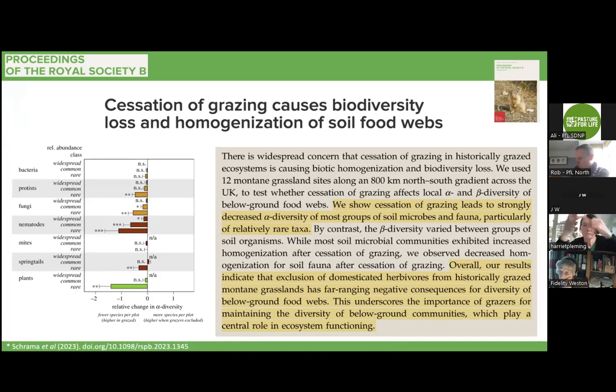Their results here indicate that exclusion of domestic herbivores from historically grazed montane, or more mountainous hillside, grasslands has far-ranging negative consequences for the diversity of those below-ground food webs. And this underscores the importance of grazers for maintaining the diversity of below-ground communities, which play a central role in ecosystem functioning.